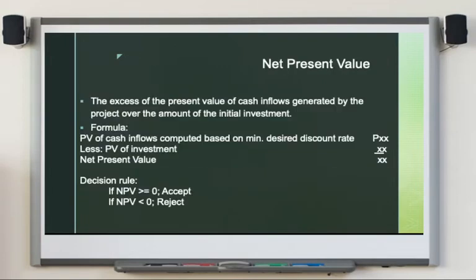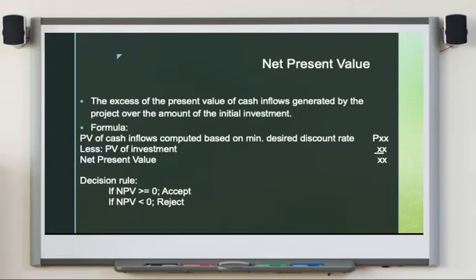Next is the net present value. We will now be considering the time value of money, and the first technique or tool used in evaluating a capital investment proposal is the net present value. This is the excess of the present value of the cash inflows generated by the project over the amount of the initial investment.